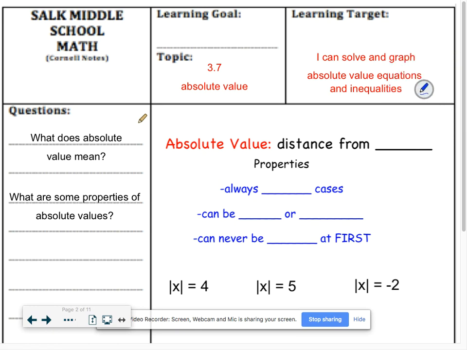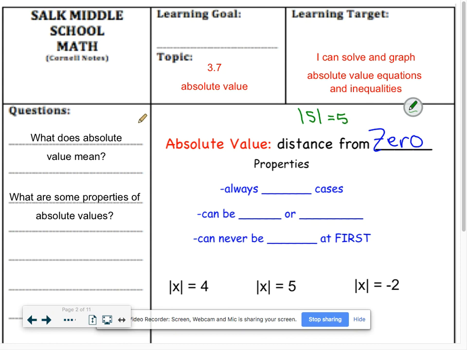Absolute value means distance from 0. And if you recall from 7th grade, it's those vertical lines. I'll show you an example. It would be like, how far from 0 is 5? So that's the absolute value symbol. It's the two vertical lines. So the absolute value of 5 is 5, because it's 5 away from 0.